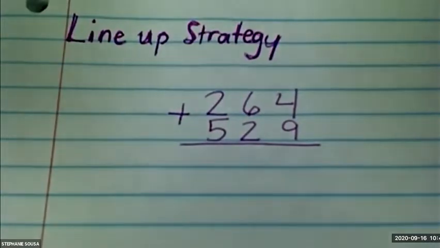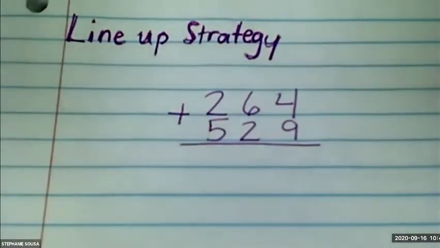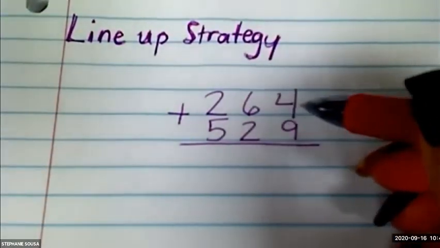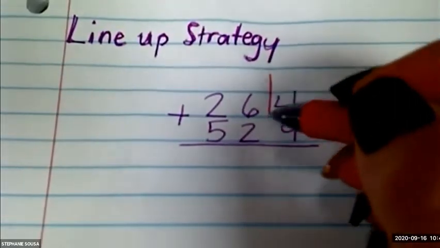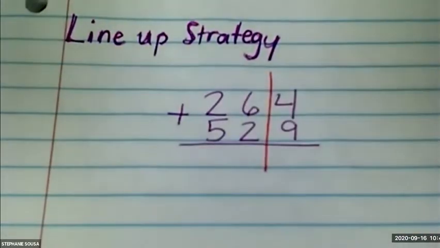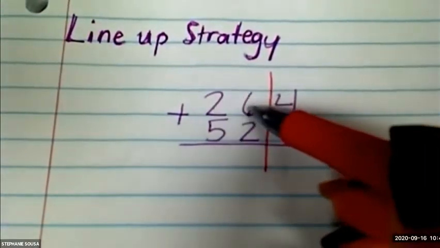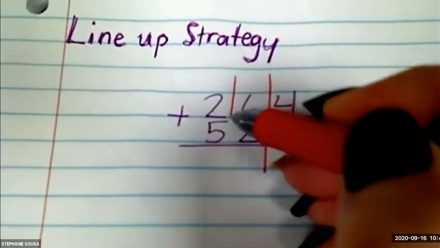The lineup strategy is simply creating a space or a cube for each answer, just like Mr. Mejia had showed us. So what we're going to do is in between the tens places and the ones places, we're going to draw a line right down the middle. We're also going to do the same thing between the hundreds and the tens, a line right down the middle.